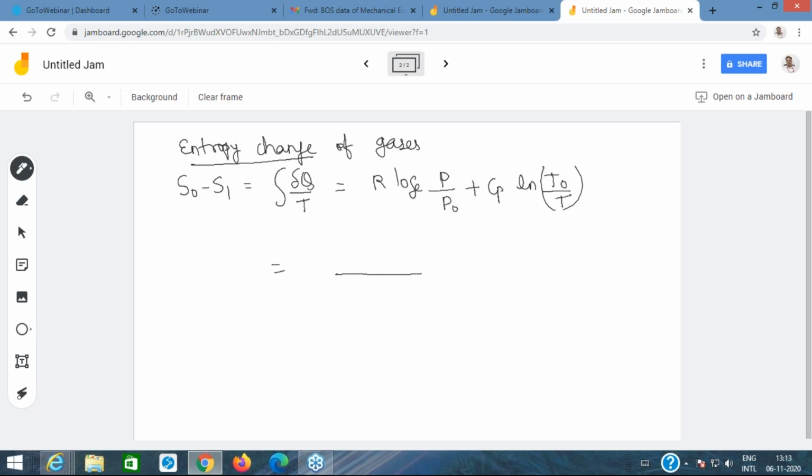The unit would be, because it is per unit mass, kilojoules per kg Kelvin. So calculate this, substituting the values. Cp is 1.005. T naught and T are the same.